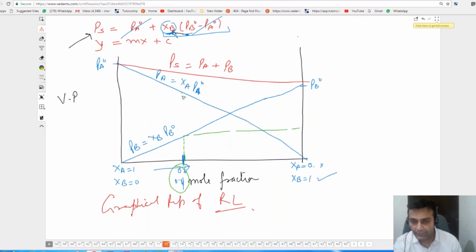And if I join here further, this is the vapor pressure of A only at this condition. And if I join the upper limit, this is the vapor pressure of the solution.